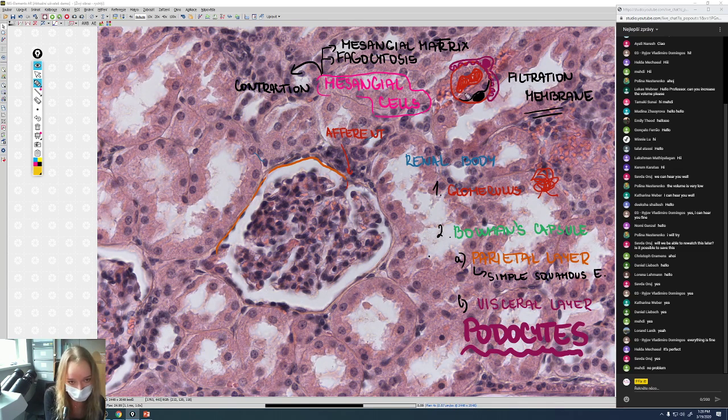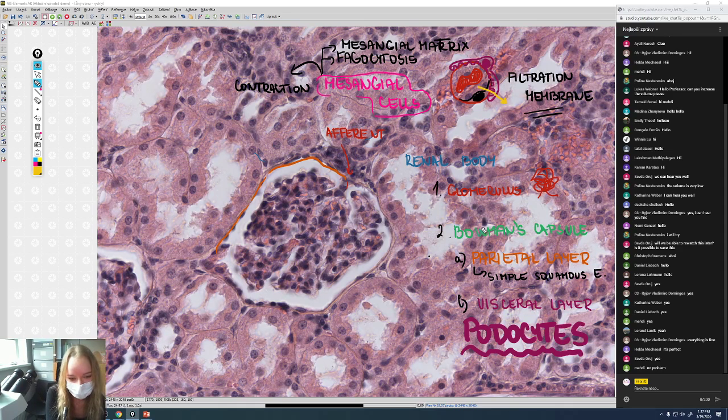What is happening is that the blood is filtered from the capillary to a space between the layers of Bowman's capsule, and this space is called Bowman's space, or urinary space.